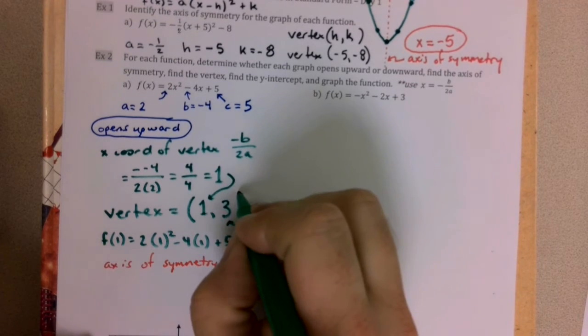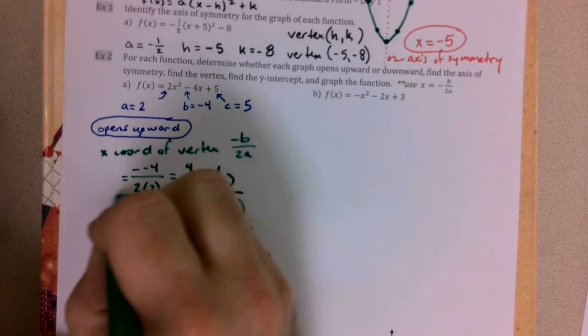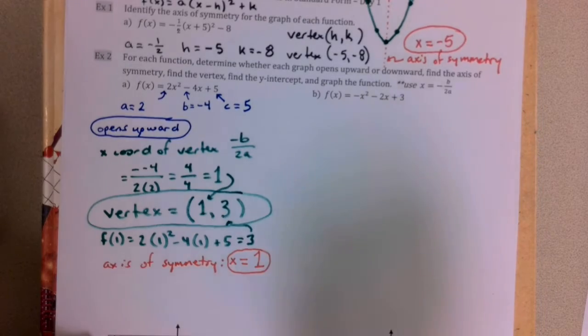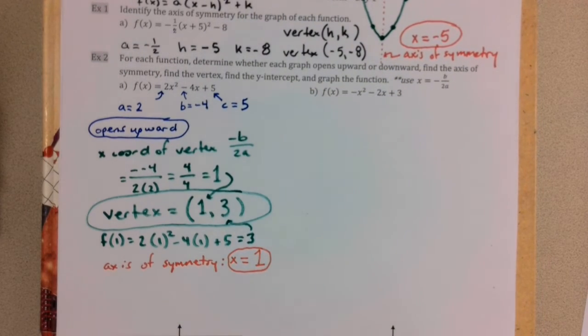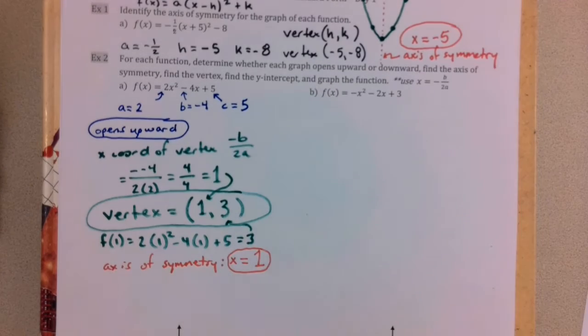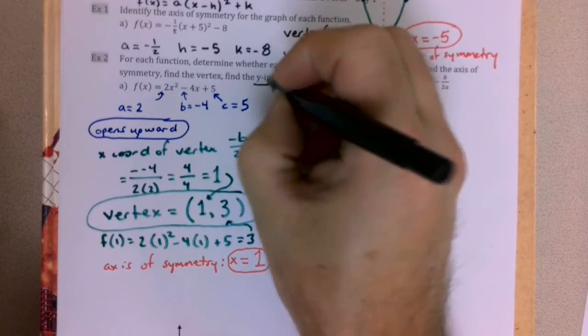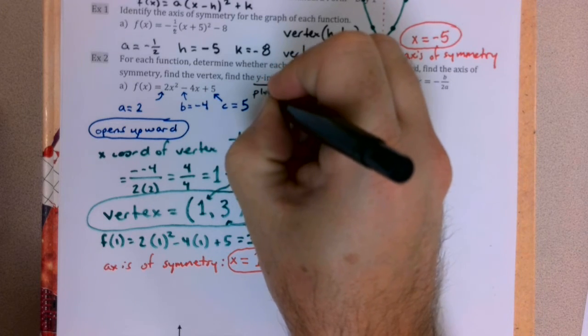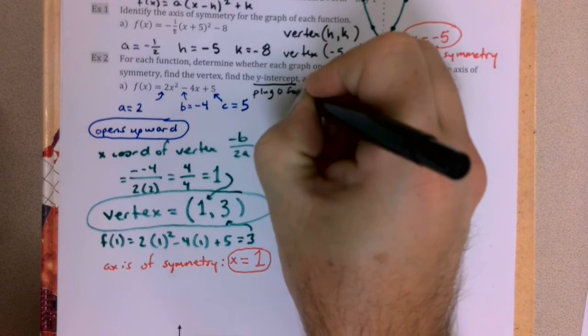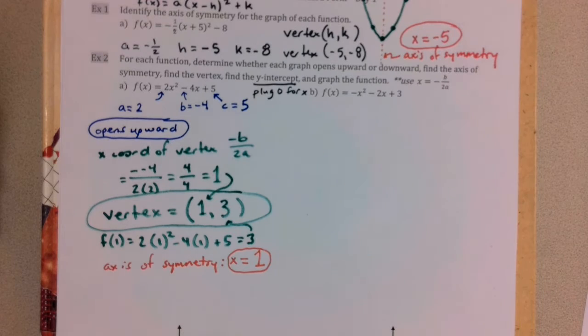We have our vertex here. Our vertex is the point 1, 3, and we know our graph opens upward. We're also supposed to find the y-intercept. Anytime you're finding any intercept, you plug 0 in for the other variable.